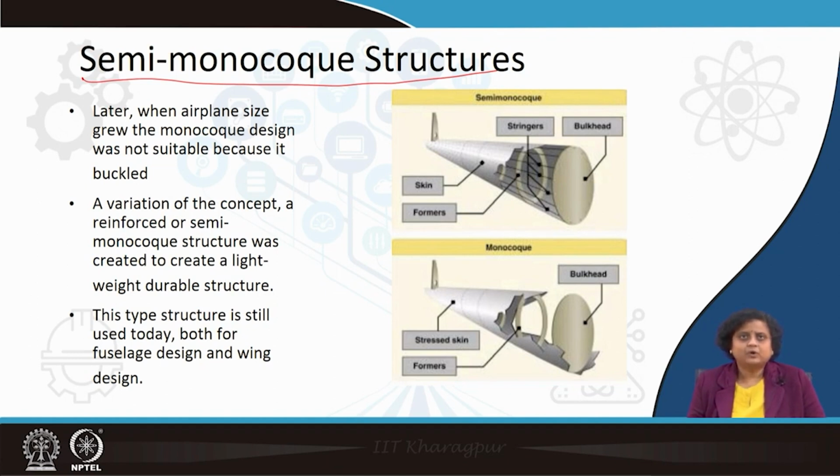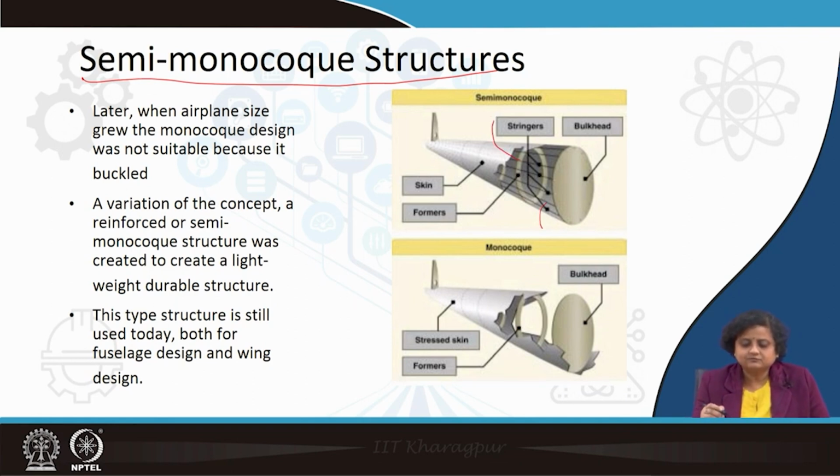So, what is a semi-monocoque structure? As the name suggests, a semi-monocoque structure is a monocoque structure, but it is reinforced intermediately using longitudinal and transverse members. As you can see from this picture, it is a monocoque structure, but we have this longitudinal reinforcement and this transverse reinforcement.